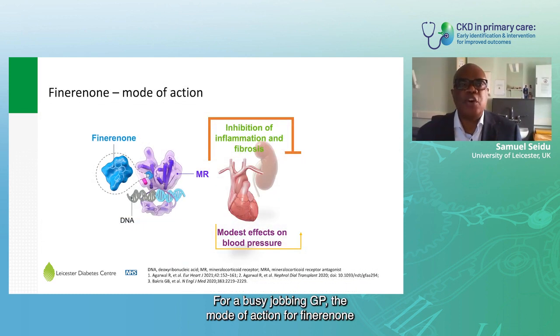So for the busy jobbing GP, the mode of action for finerenone is basically inhibiting inflammation and fibrosis in the kidneys and in the heart. And that leads to some positive outcomes, as you can see in the trials that I'm going to present.